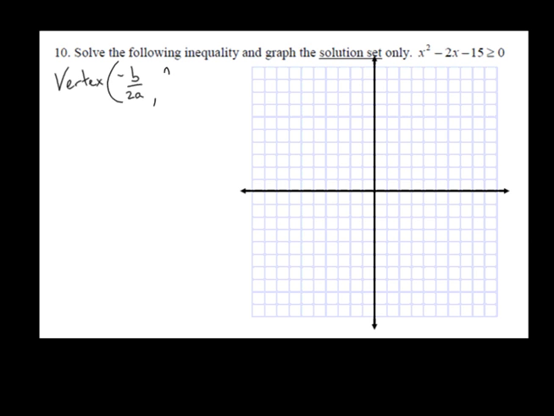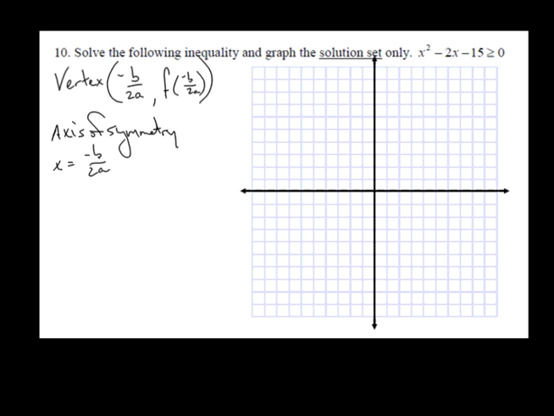And then f of the opposite of b over 2a. So here I'm going to have my axis of symmetry, which is just x equals the opposite of b over 2a.